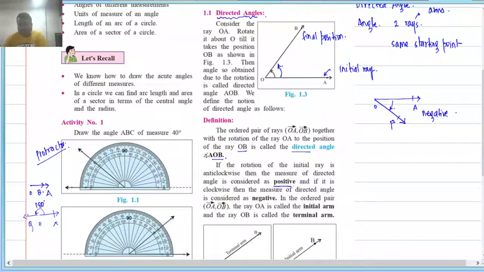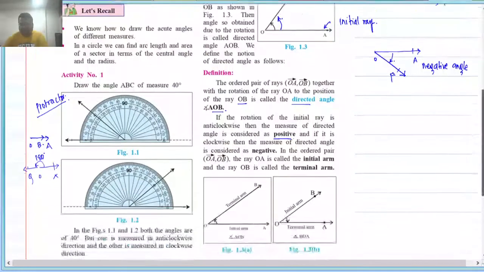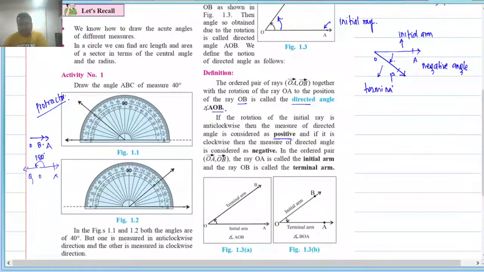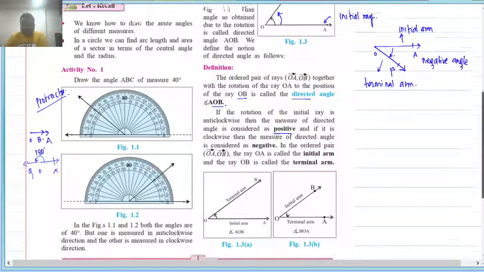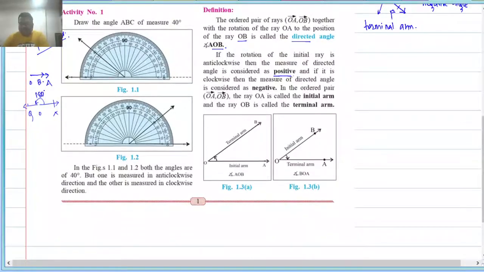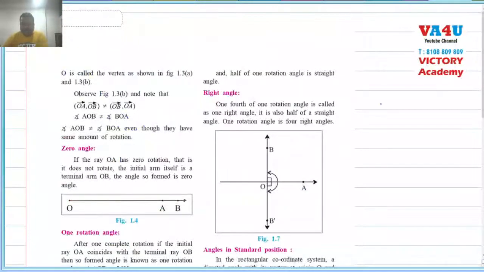So this is a new concept, positive and negative angle. Okay, where OA is called the initial arm, and OP is called the terminal arm. Okay, fine. So that was as far as directed angle is concerned.